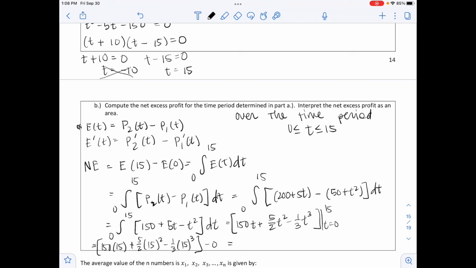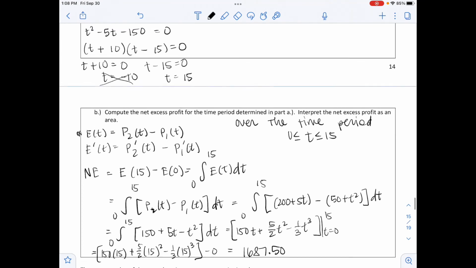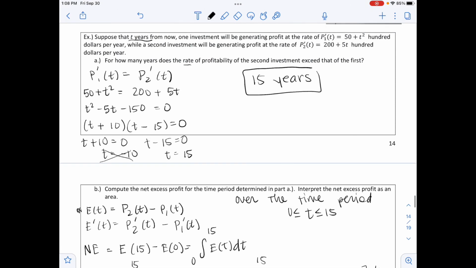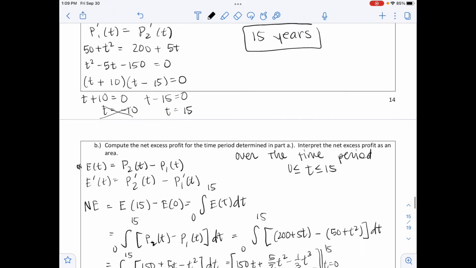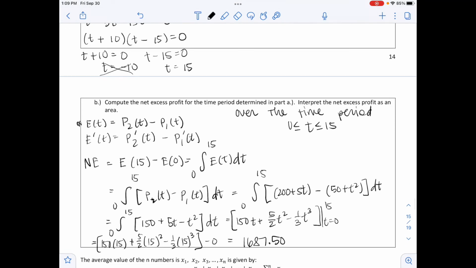And then substituting this all in on your calculator, we get 1,687.50. And looking back at the units that we had up here, you'll notice that we are dealing with hundreds of dollars. And so for this we have 1,687.50 hundred of dollars.